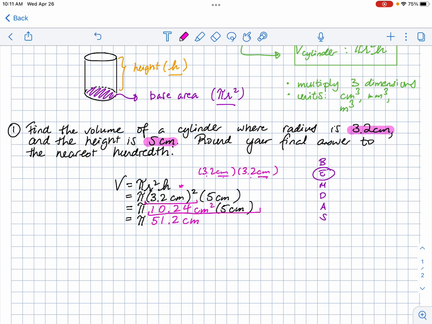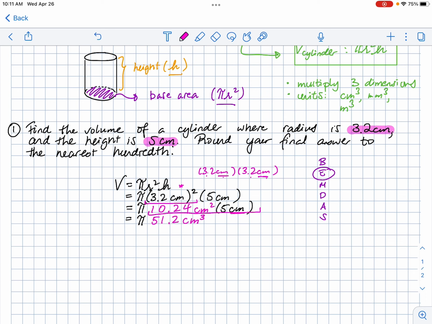Now here's where it gets interesting too. You have centimeters squared times centimeters. At this stage, you have introduced and multiplied out that third unit of measurement, or sorry, the third dimension, which is the height. So at this stage, it has to be 51.2 centimeters cubed because you're multiplying centimeters squared times centimeters.